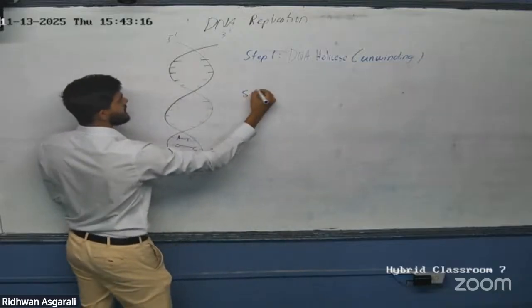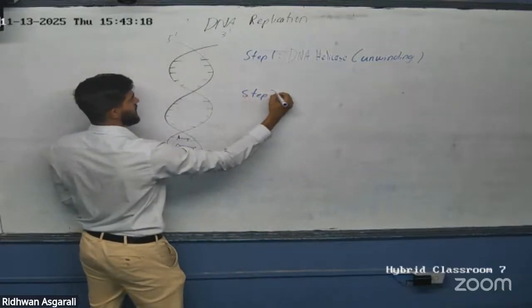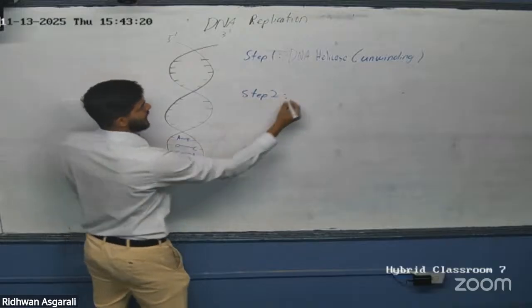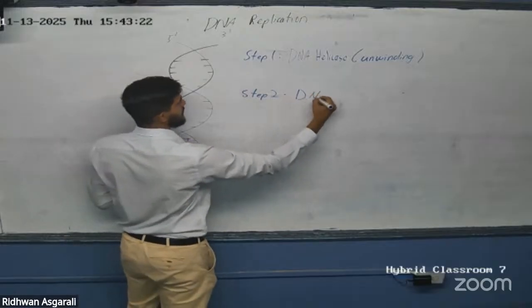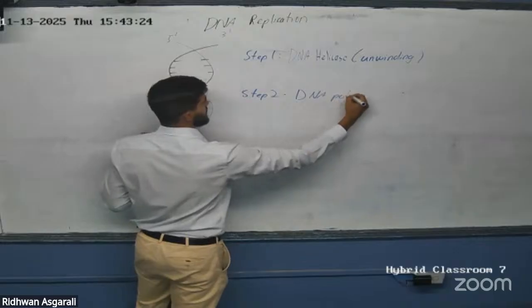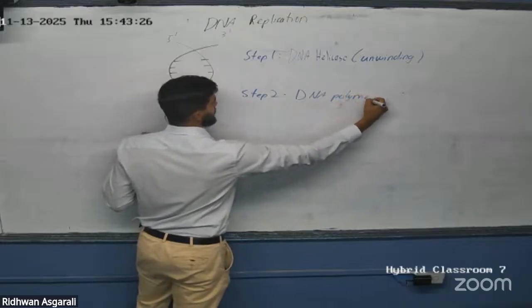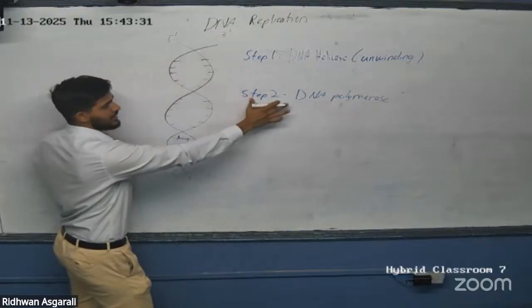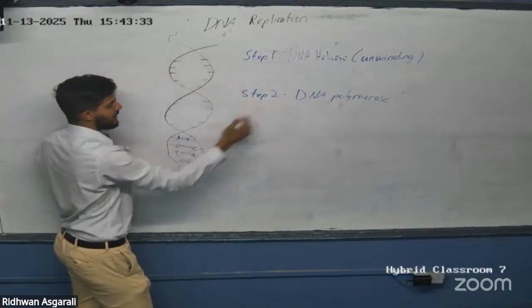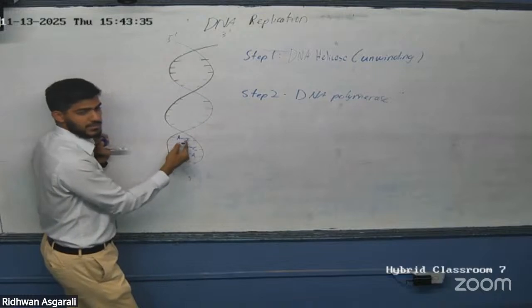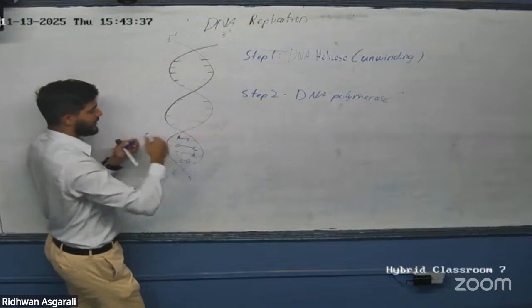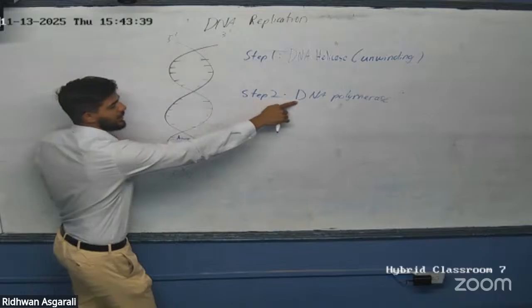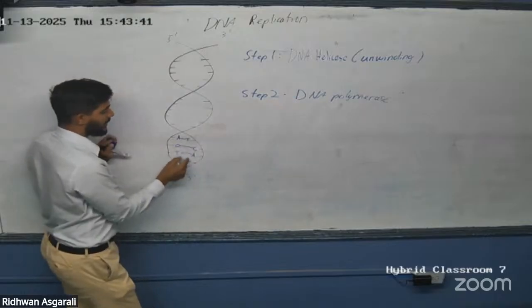The second step, we have an enzyme called DNA polymerase. This enzyme is responsible for the actual copying of bases. So after it unwinds, so your DNA is open now, the DNA polymerase comes in and starts to copy the bases.